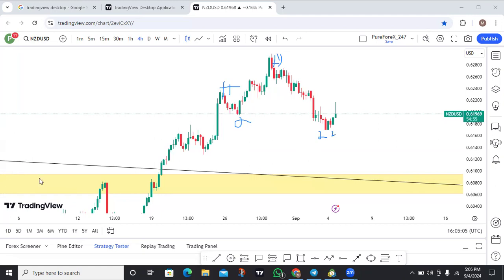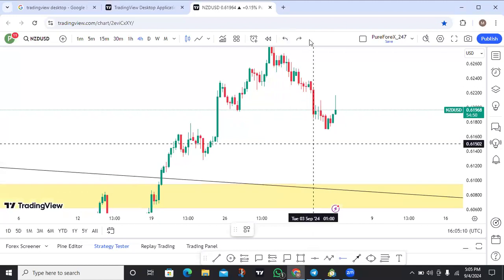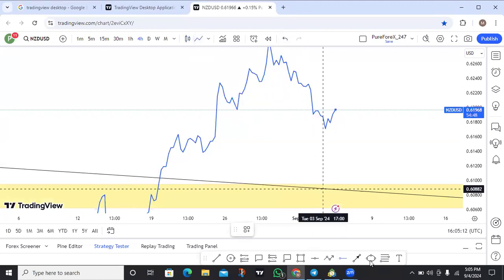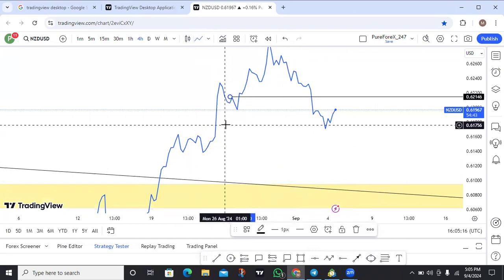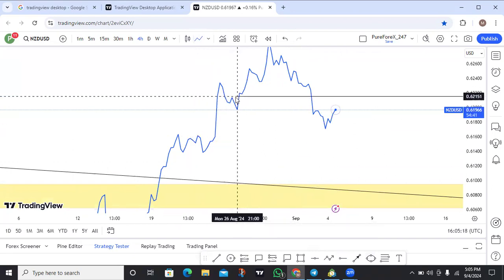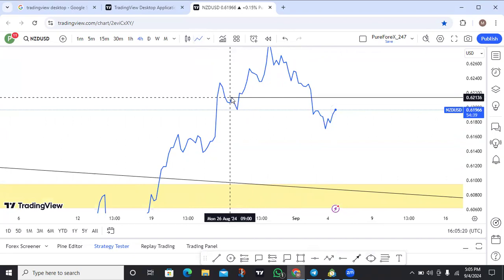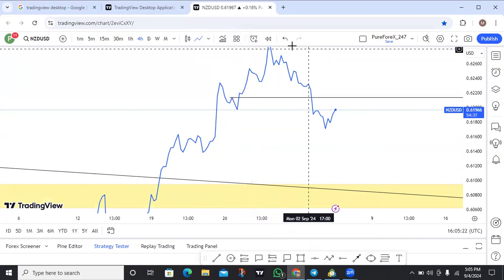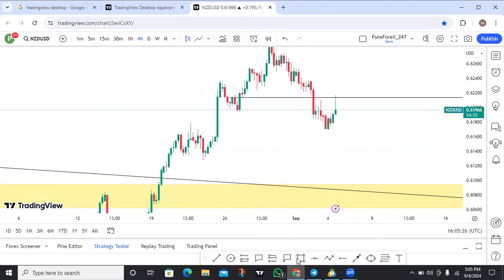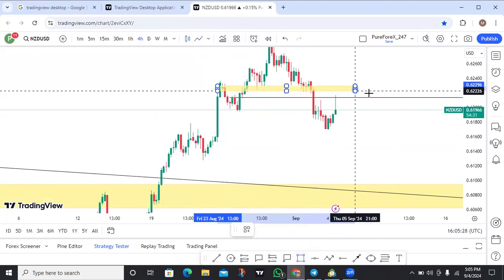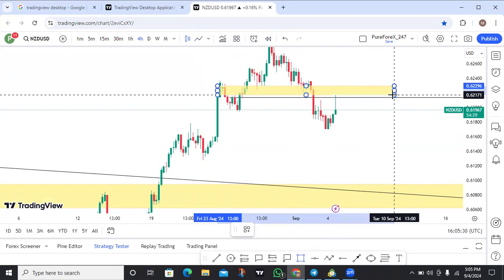So now I'm going to put my line here. If I go to line chart, I will put my line here. I'm putting my line here, this first shoulder, this shoulder here. So let's go back to candlestick. So I'm going to cover the whole of this point here.